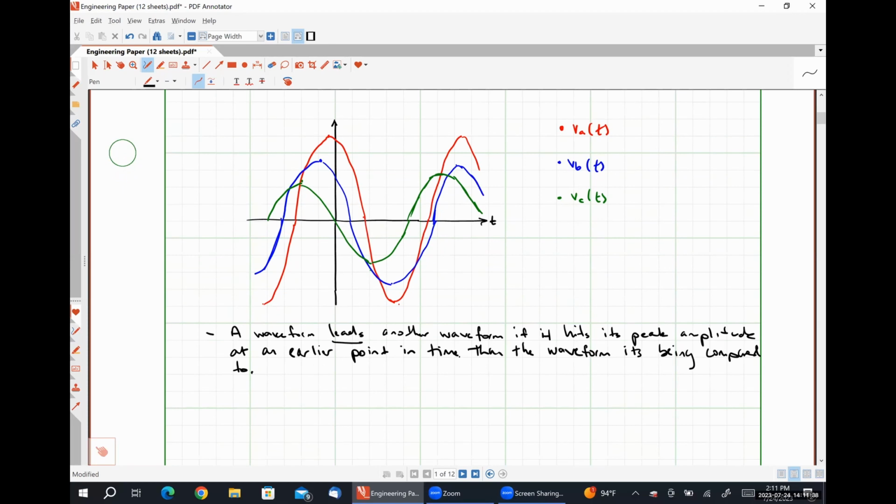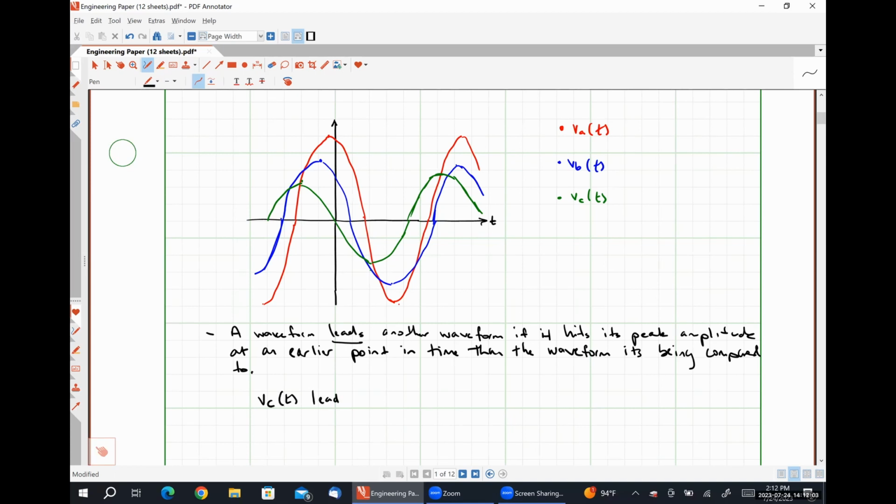So in this specific example, the green curve hits its peak first, right? Because it hits its peak more to the left or earlier in time than either the blue waveform or the red waveform.